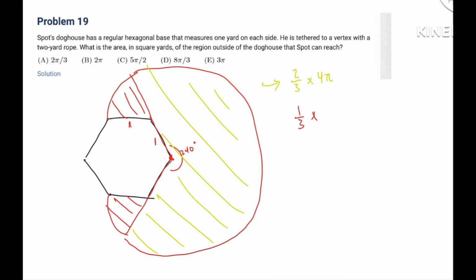It's because this is 1/6 and 1/6, and so the two 1/6s together become 1/3. And so 1/3 pi, and then this is 8/3 pi, and so when they're together it's 9/3 pi, which is 3 pi. And so problem 19, the answer would be E.